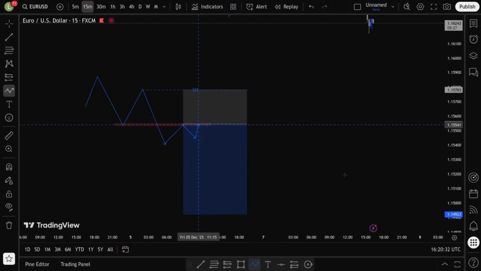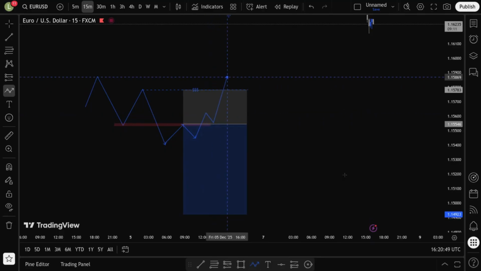Even more traders want to be entering sells because they see this as a confirmation that price is going to sell, and then price breaks it and strips this liquidity, possibly coming close to this.